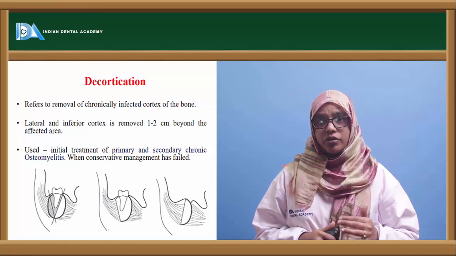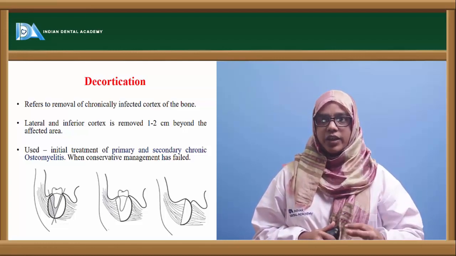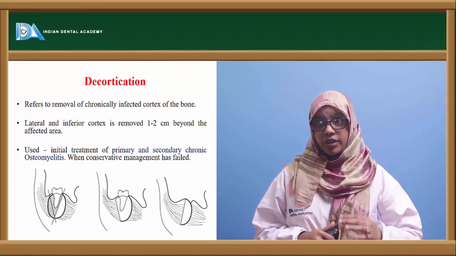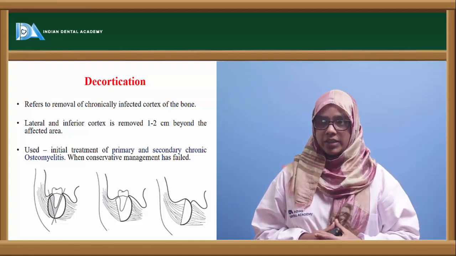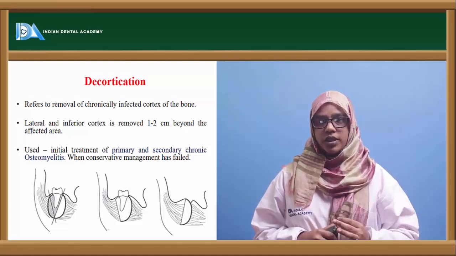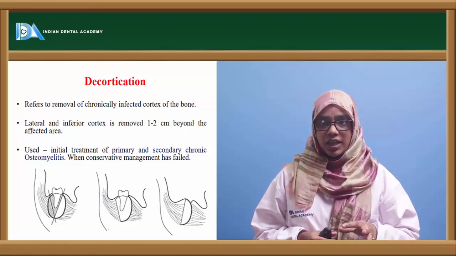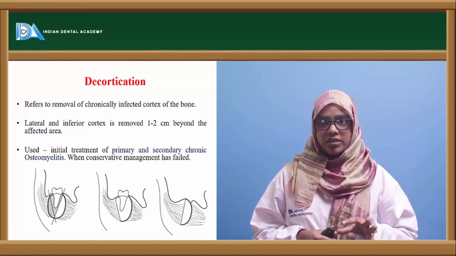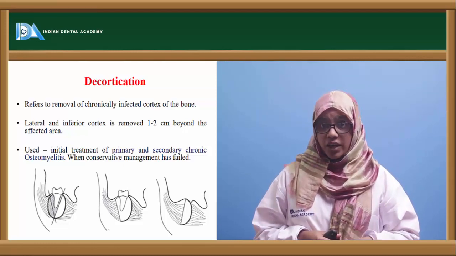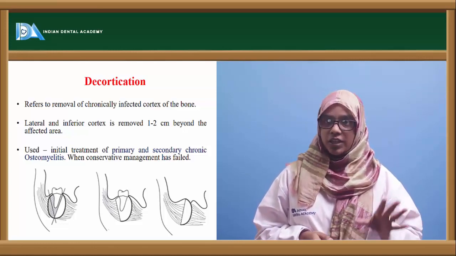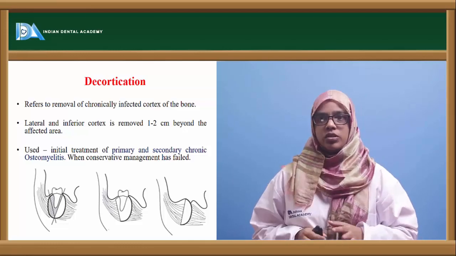Decortication is nothing but removal of chronically infected cortical plates. Here, the lateral and inferior cortical plates are removed 1 to 2 centimeter beyond the affected area. Okay, it is used as initial treatment of primary and secondary chronic osteomyelitis where conservative treatment has failed. In that case, this will be your last resort.